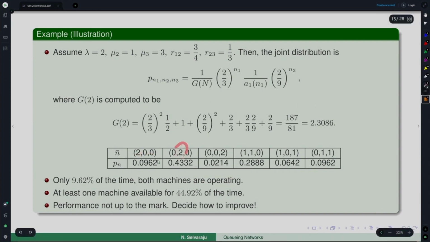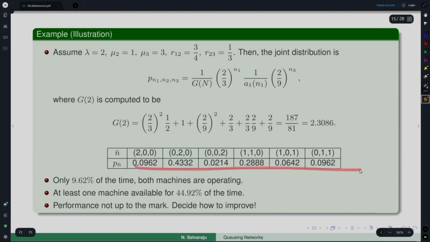And about 43% of the time the machines are with local repair, right. There is only one repairman, but this much it is there, with state 0 to 0, which means both the machines are at local repair. So, there must be something you need to do with respect to this. This is the kind of insights that you have to draw, where there is a problem and so on.